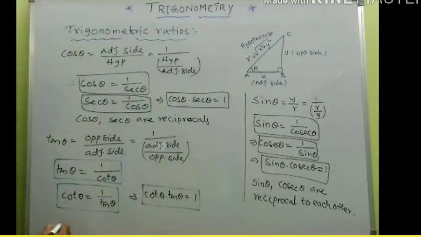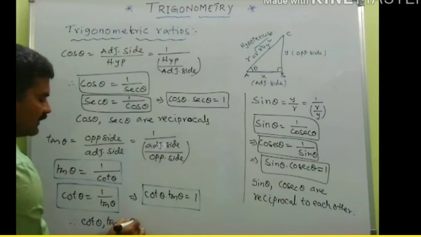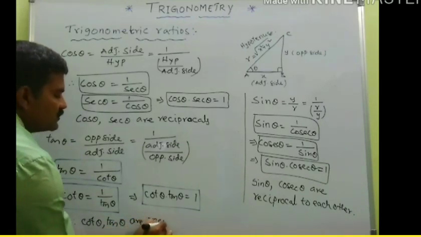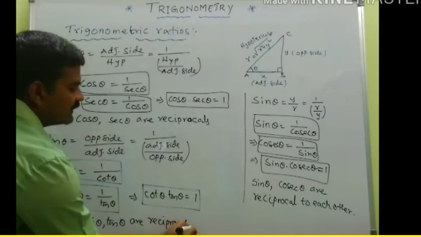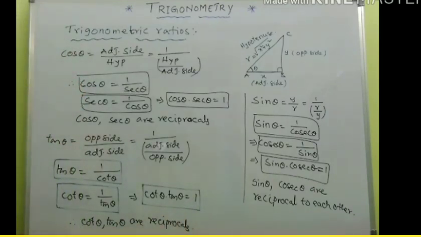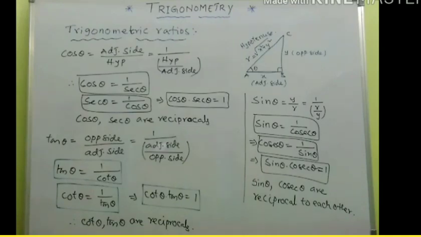So cot theta and tan theta are reciprocals to each other. You understand now? Very, very important results. So try to recall all these formulas once.